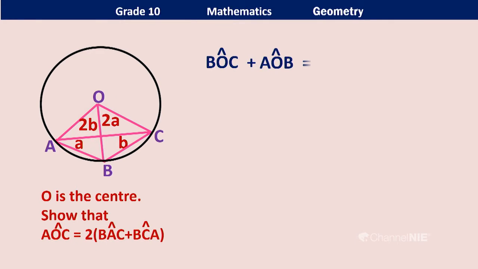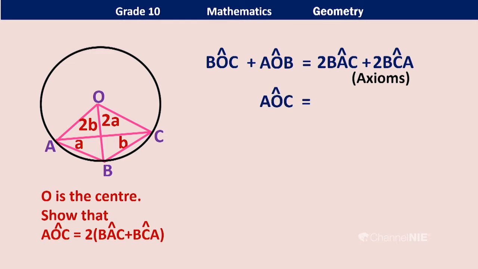So, I can get angle BOC plus angle AOB is equal to twice of angle BAC plus twice of angle BCA. Right. So, we have got that relationship using axioms. I have added the two equations I got previously. Now, angle BOC and angle AOB together equal the angle AOC.